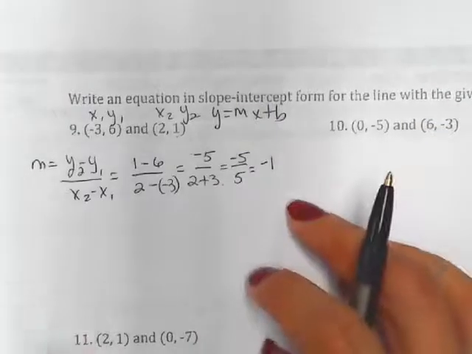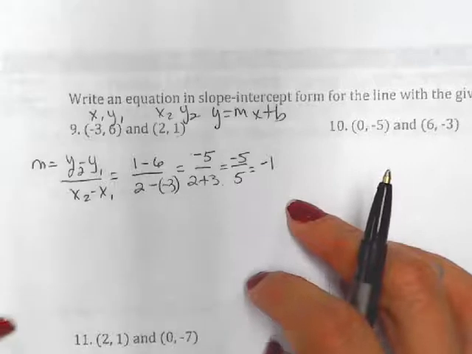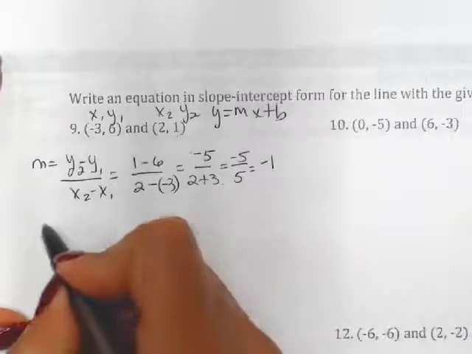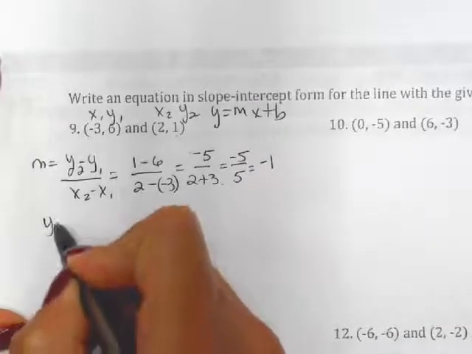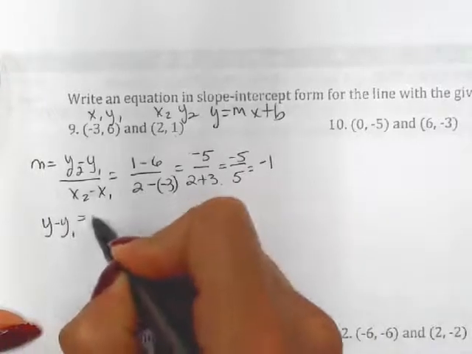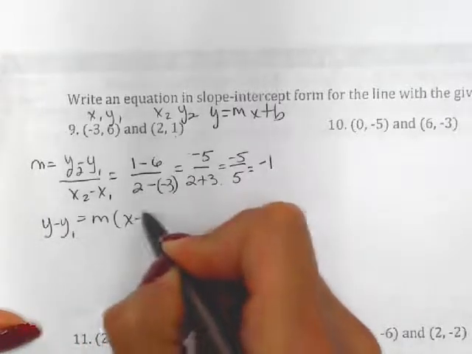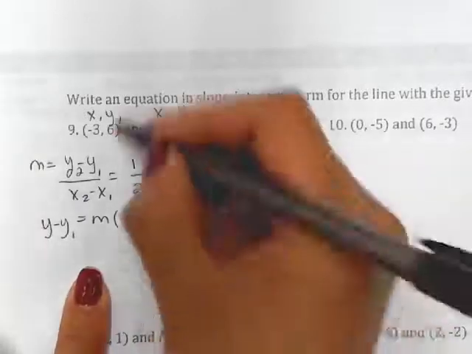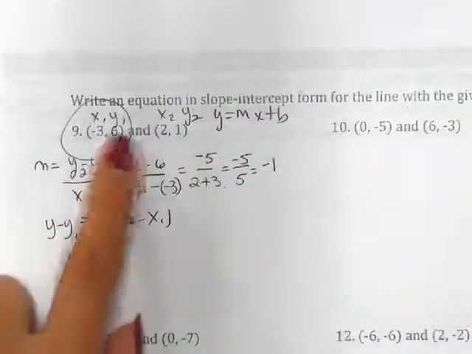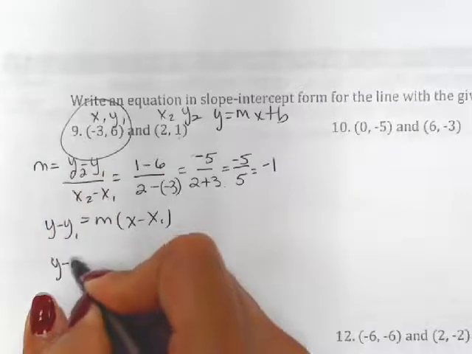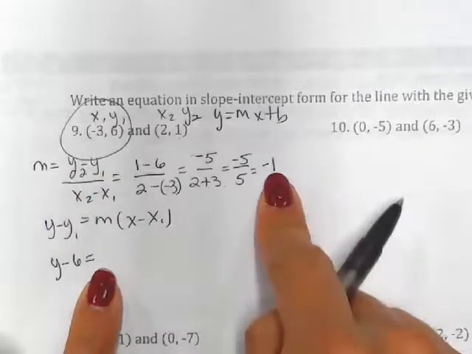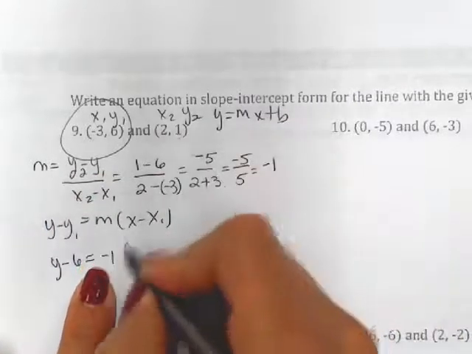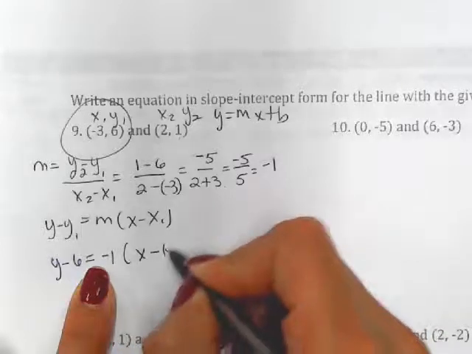Now we're going to do the same thing we did on the first page, and we're going to use the point-slope formula, y minus y1 equals m(x minus x1). Just go ahead and stick with the first point, x1, y1. So y minus 6 equals the slope, m, that we found, negative 1, times x minus a negative 3.